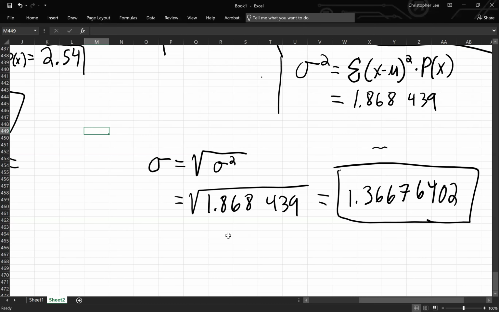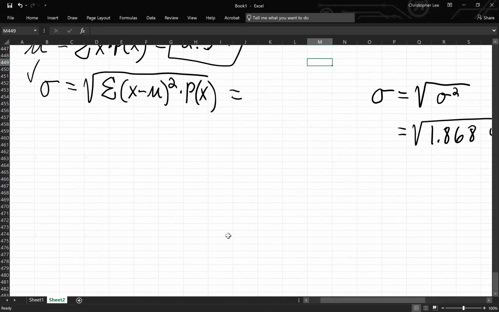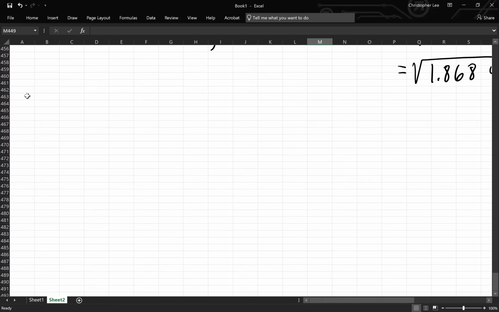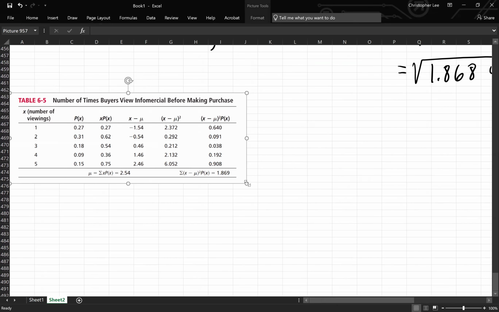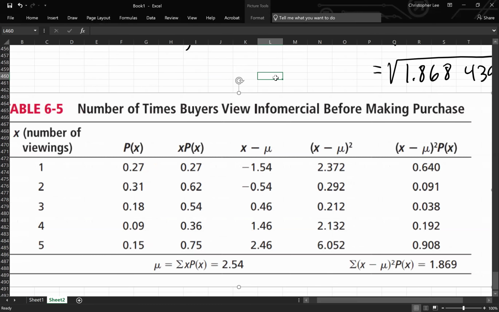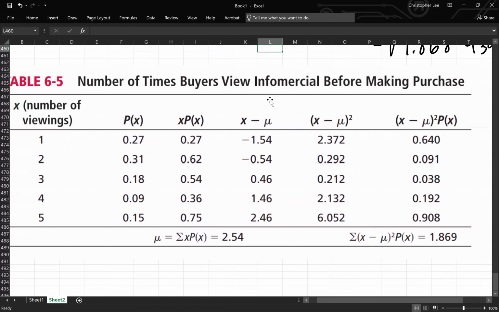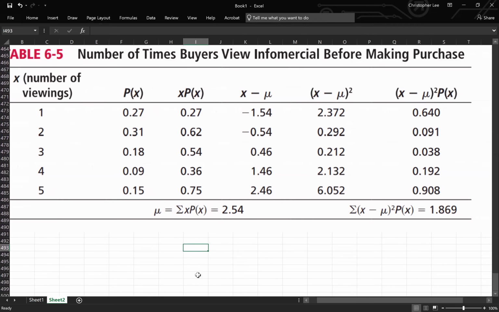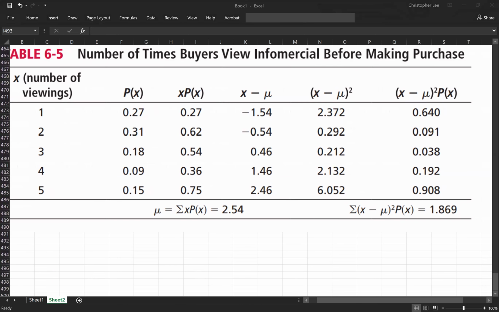So good news is we're right. I know my handwriting's a little rough, so here you go. This is what we should have got. This is the actual table right here. If you want, you can take a picture of it. Leave that up for a minute. But we did get these answers, so we're good.